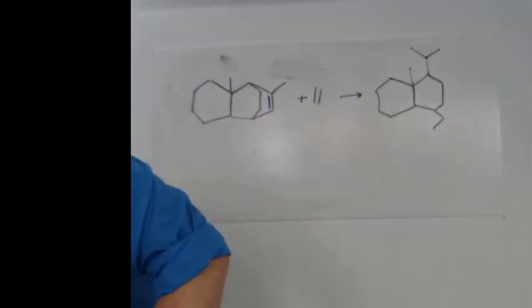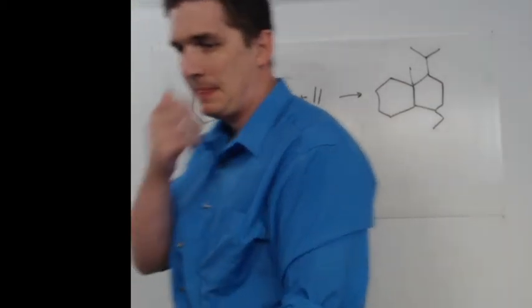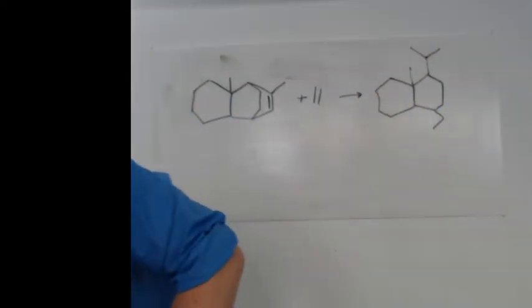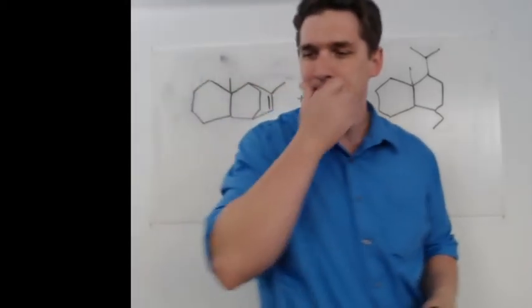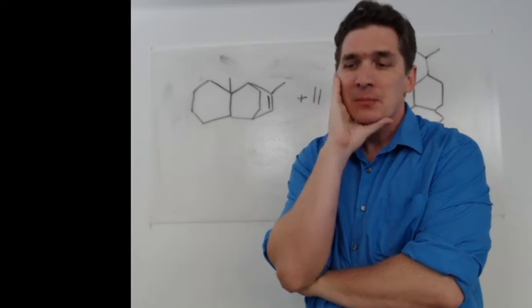So the 2 steps it takes to make this compound. So, how to tell you without telling you how to do it? You want a hint for step 1 or step 2?